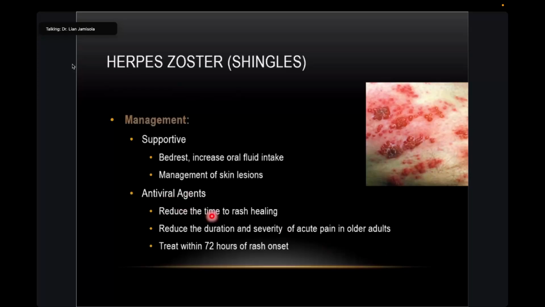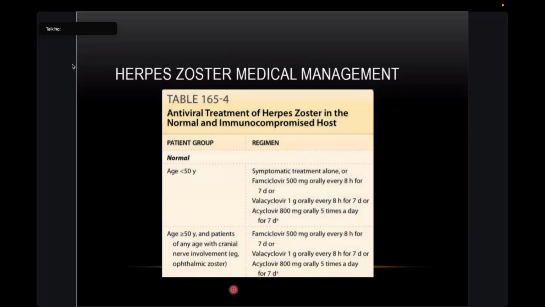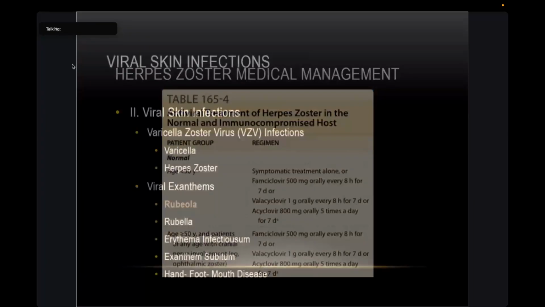But this should be given within 72 hours of rash onset. For varicella, it should be given within 24 hours. For herpes zoster, it should be given within 72 hours. So this is the protocol for antiviral treatment for zoster in normal and immunocompromised hosts.